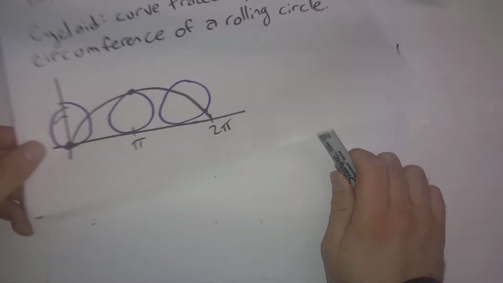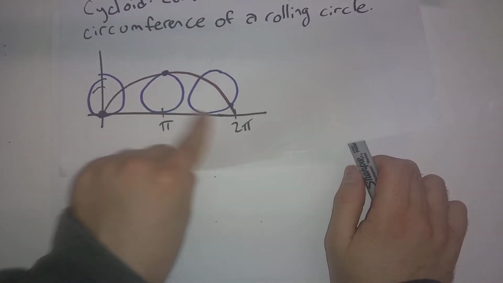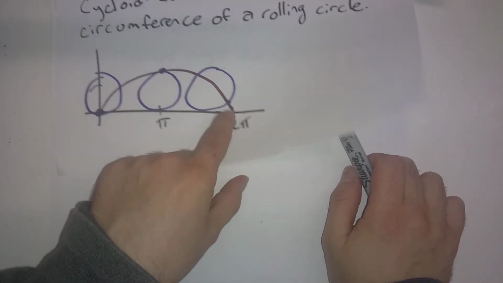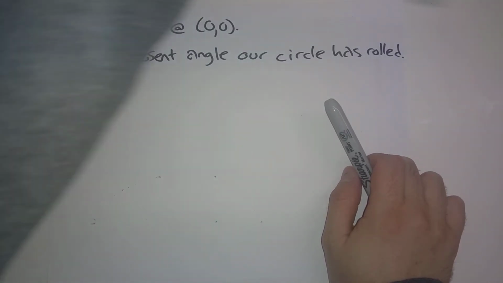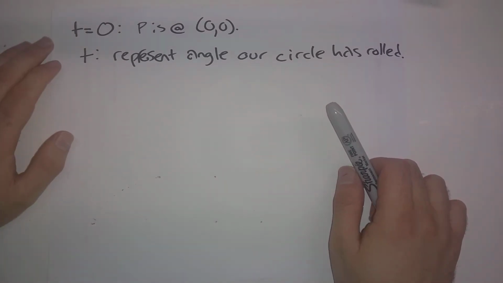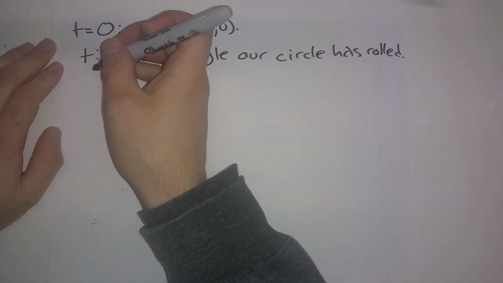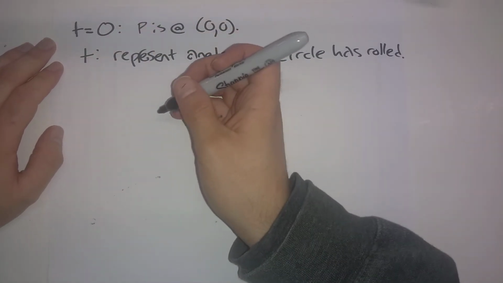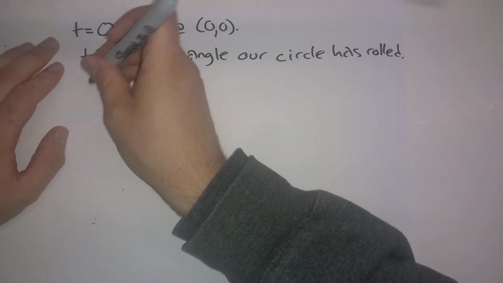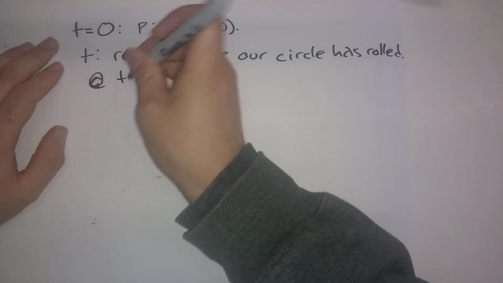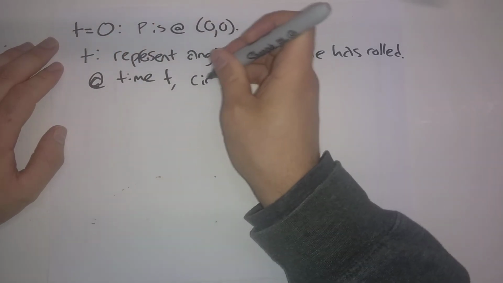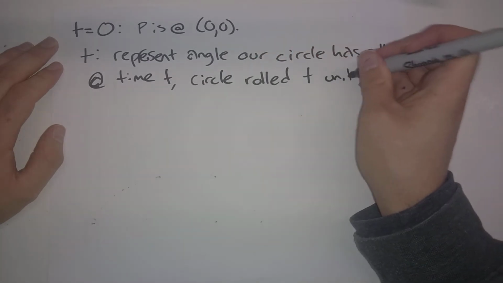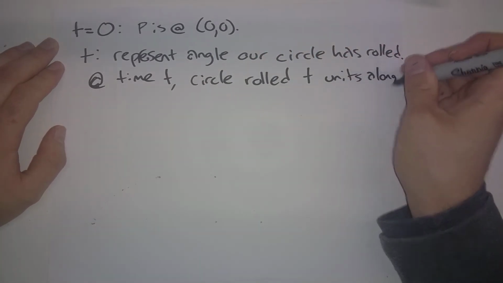So when it rolls 2 pi radians, we'll have made one complete loop around the circle. The point will be back at the bottom. That all checks out with our picture here. So the thing to observe is that at time t, the circle has rolled t units along the x-axis.